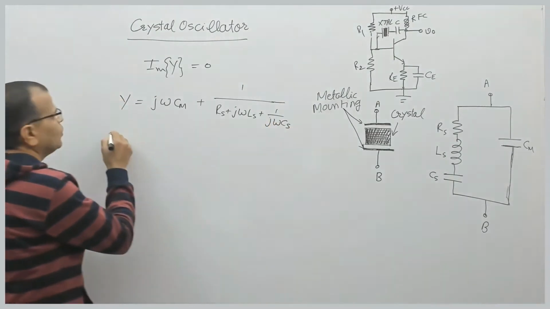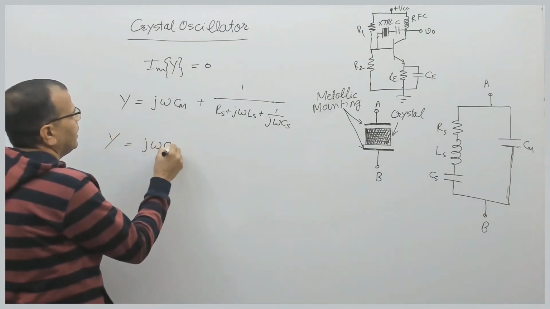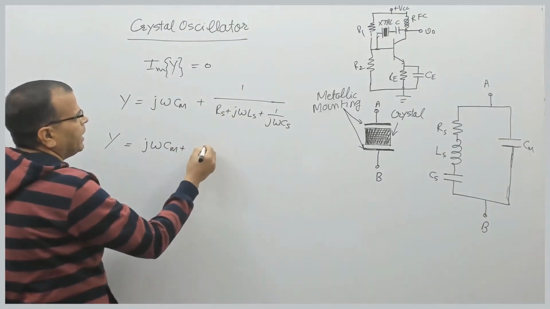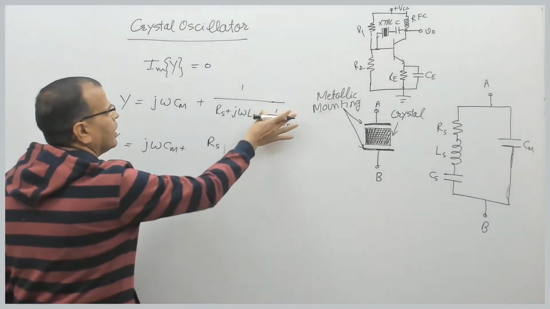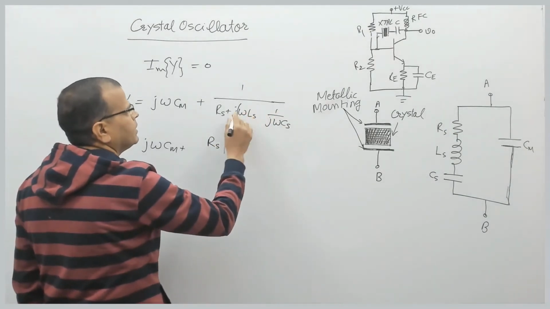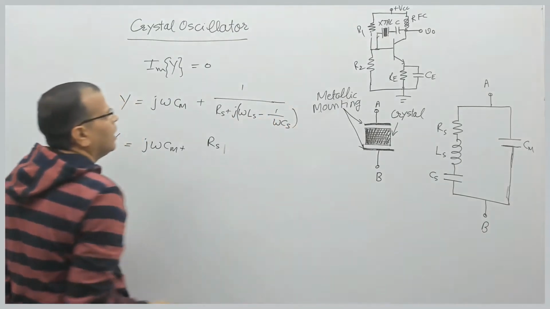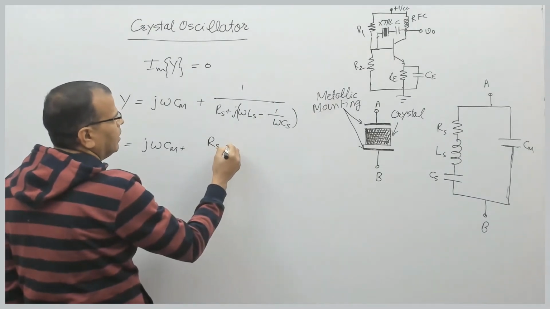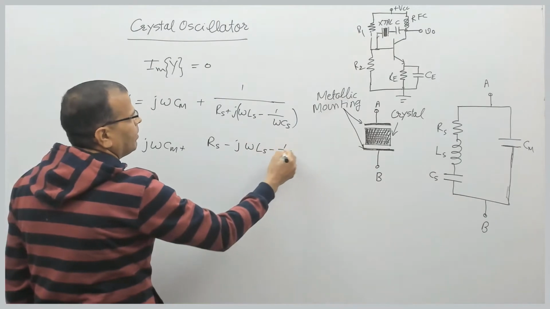equivalent circuit. So Y can be simplified further like j omega Cm plus, to separate the real and imaginary part of this, we multiply it by the conjugate. You can rewrite it like this: Rs minus j omega Ls minus 1 by omega Cs.